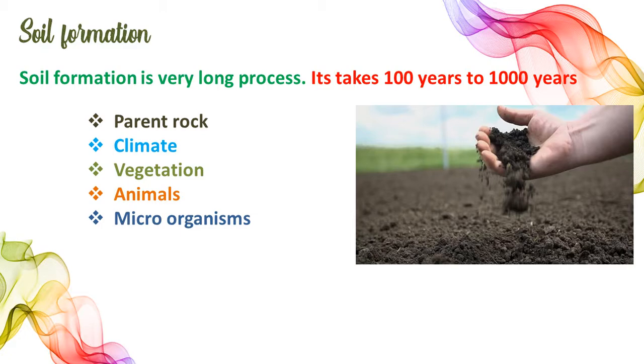The second factor is climate. The amount of temperature and the amount of precipitation they receive lead to expansion of rocks and formation of soil. The third one, the dead remains of plants and animals, also helps to form soil. The fourth and the most important one is microorganisms.